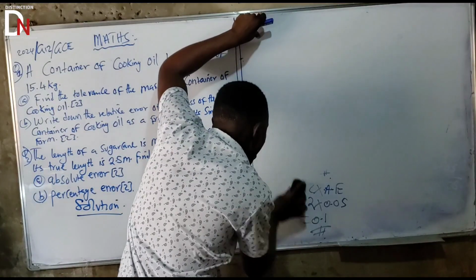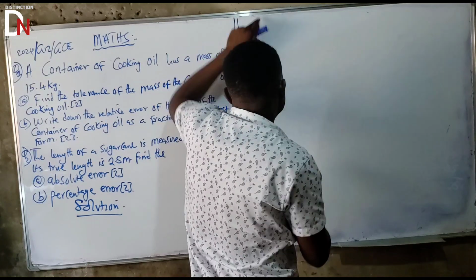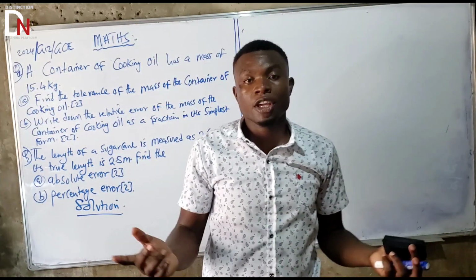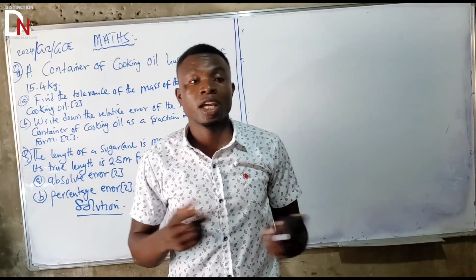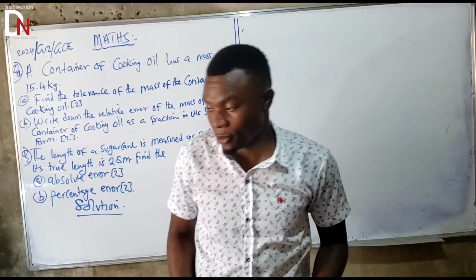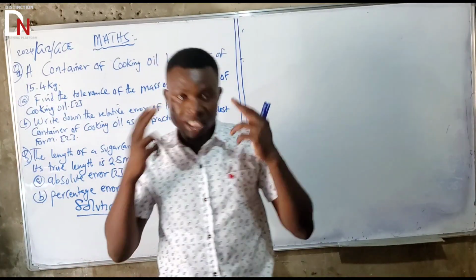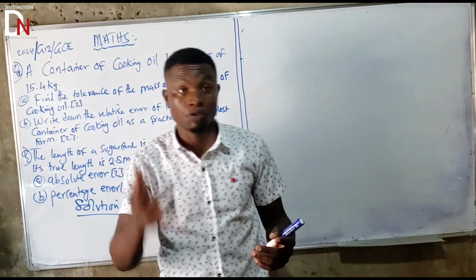Before we can find the relative error, you must recall that by definition, the relative error is the ratio between the absolute error and the true value or the measured value. When we talk about a ratio, what should come into your mind is division.